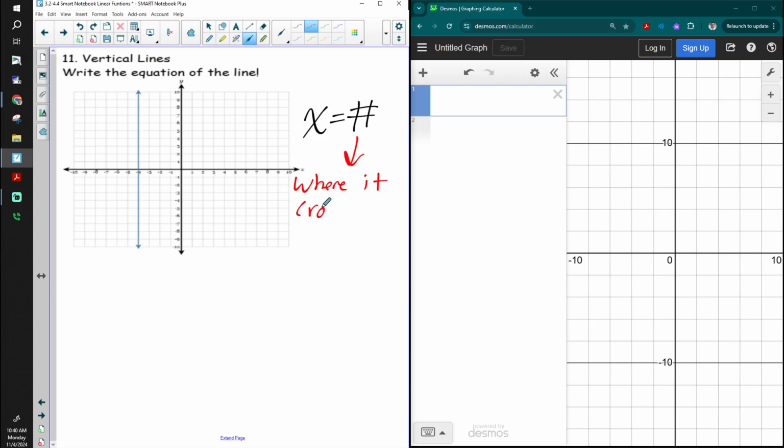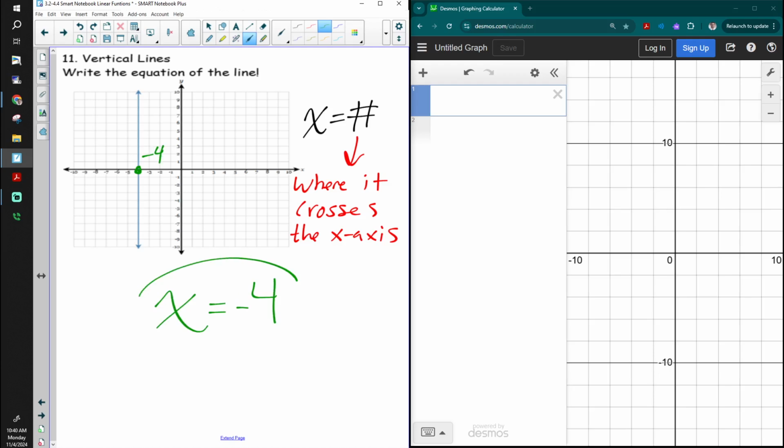Where it crosses the x-axis, it crosses at -4. So x equals -4.